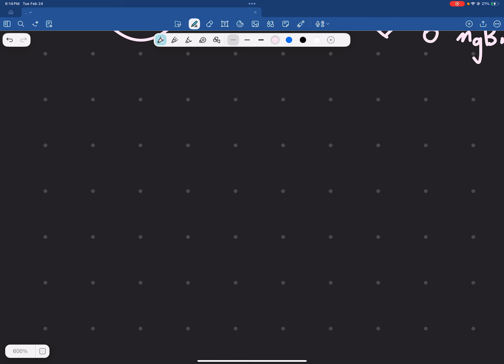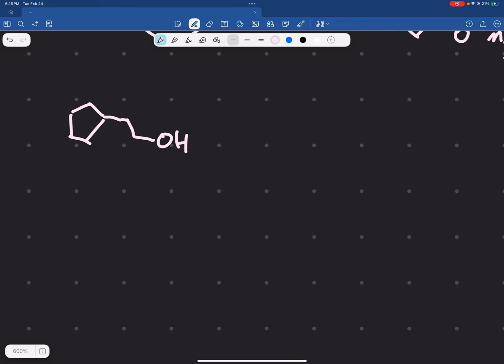So, let's do some examples of how to prepare an alcohol from an organohalogen compound and an oxirane. So, if we had something like this, how would you prepare this?